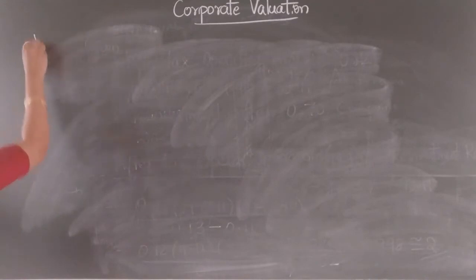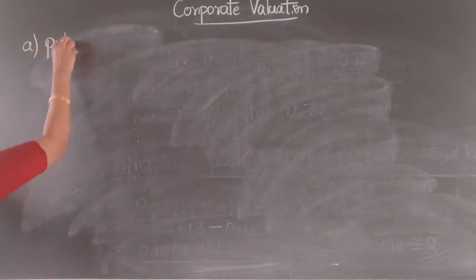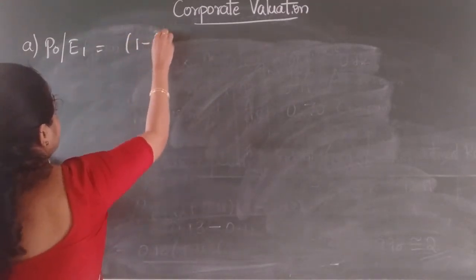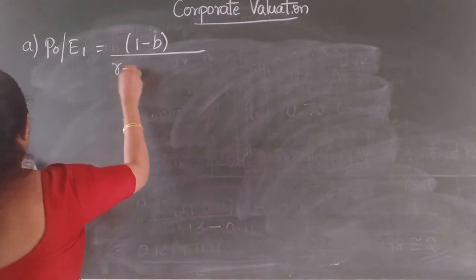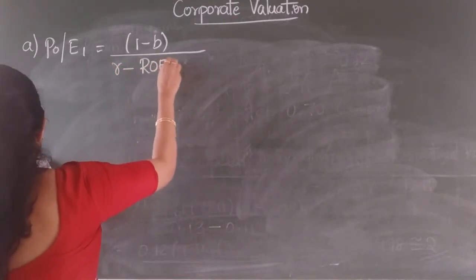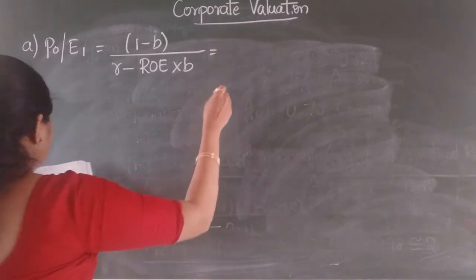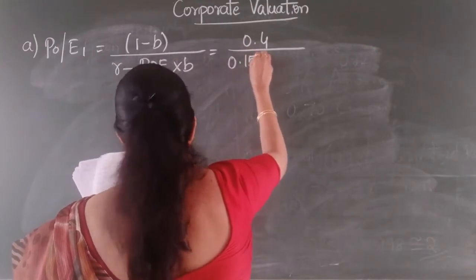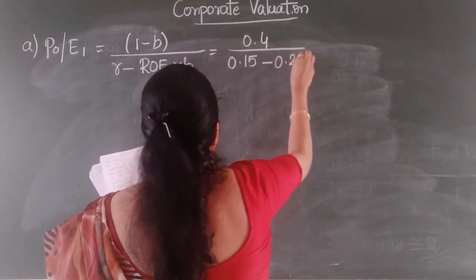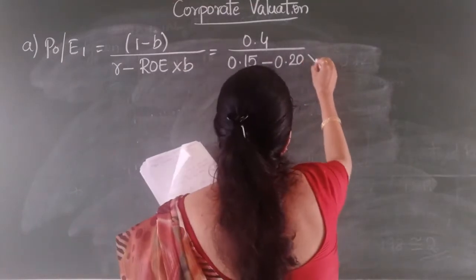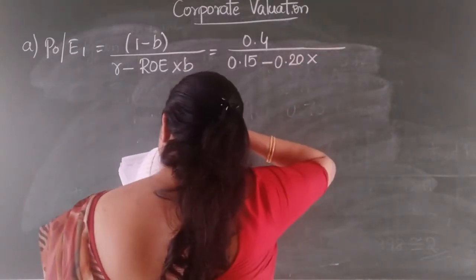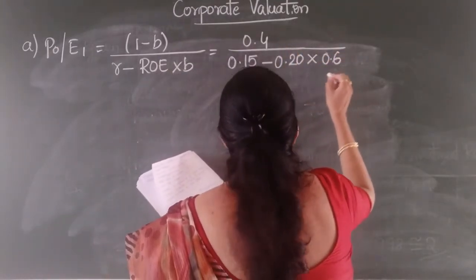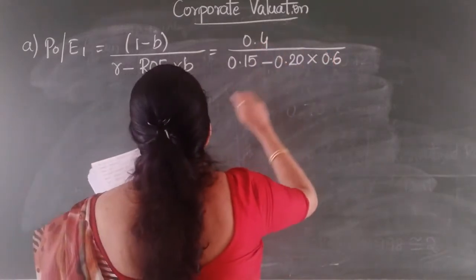So first one, P naught by E1, that is PE ratio, is equal to 1 minus B divided by R minus ROE into B. Put the values: 0.4 divided by 0.15 minus 0.20, 20% is ROE, multiplied by B, where 1 minus B is 0.4, so B is 0.6.